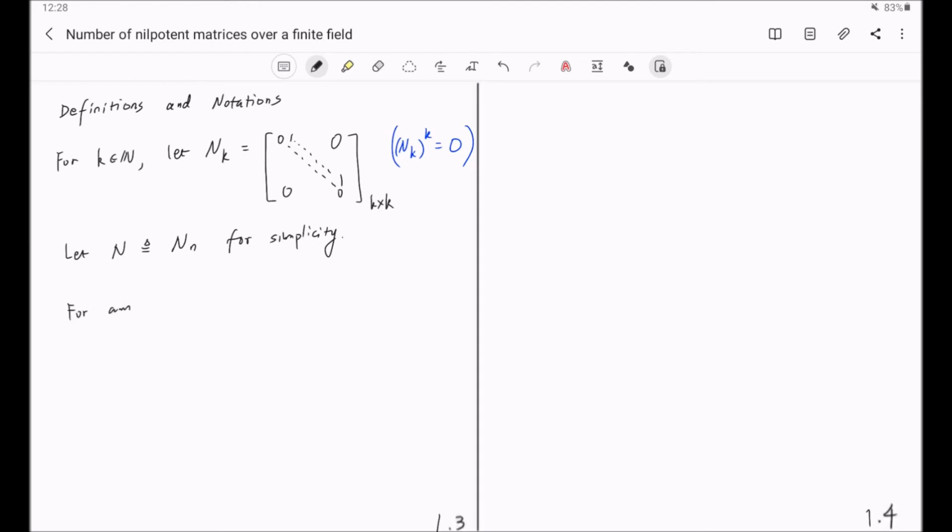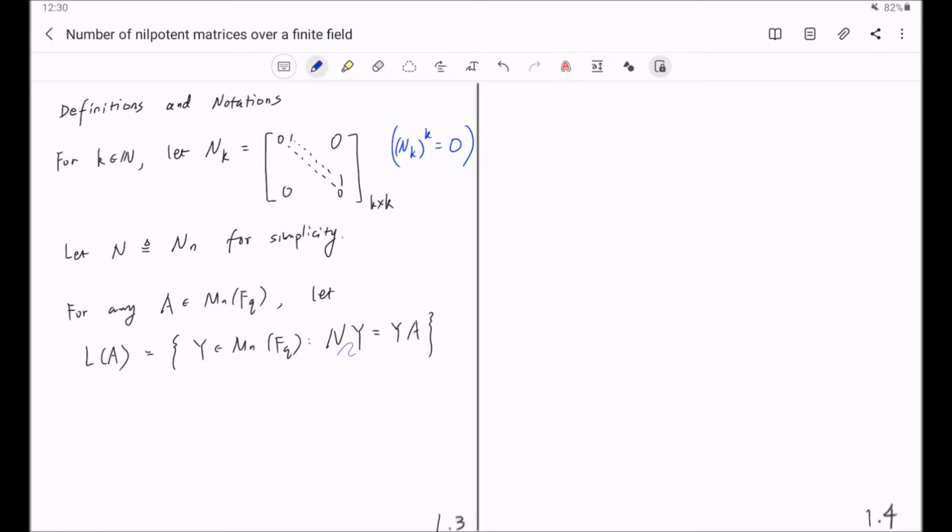And now, for any n by n matrix A over the finite field F_q, we let L of A denote the collection of matrices y such that Ny = yA, where this N is N sub n, namely this type of nilpotent matrix with k equal to n.